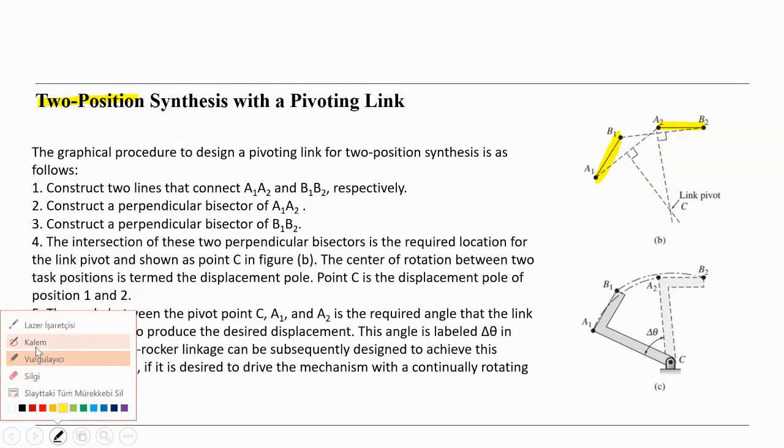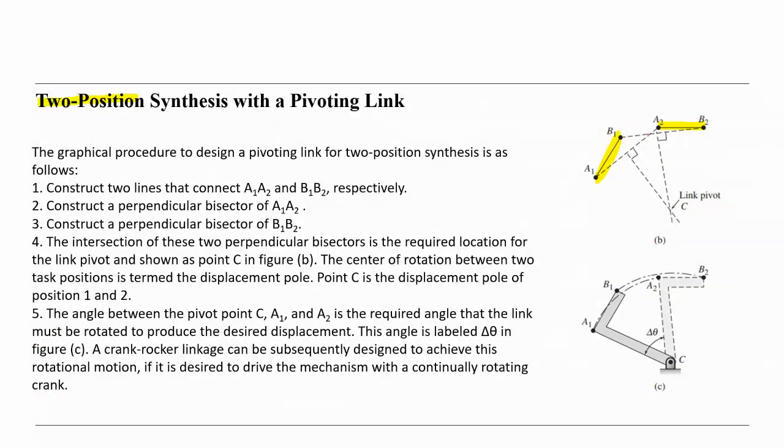We connect A1 with A2 like this, and B1 with B2, and in the middle we draw a line perpendicular to A1 A2, and the same for B1 and B2, a perpendicular line in the middle of B1 B2, and those intersect here at the point C.